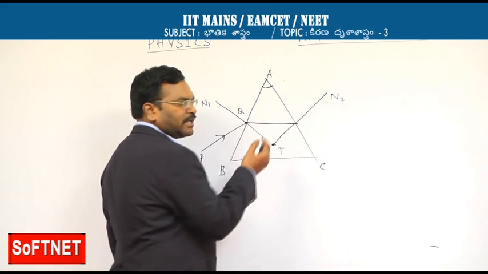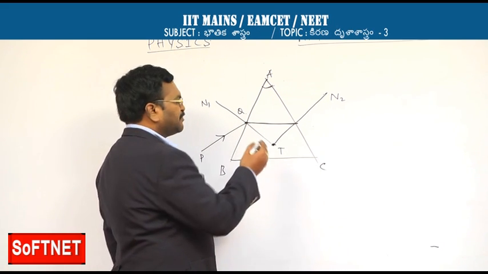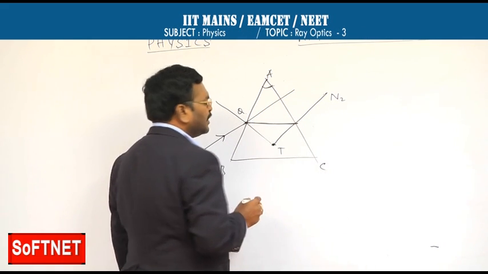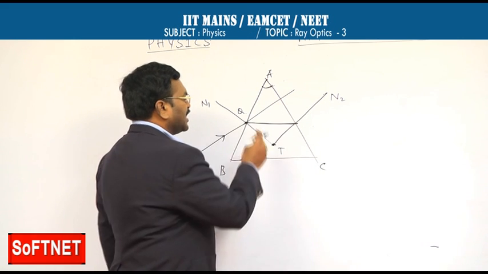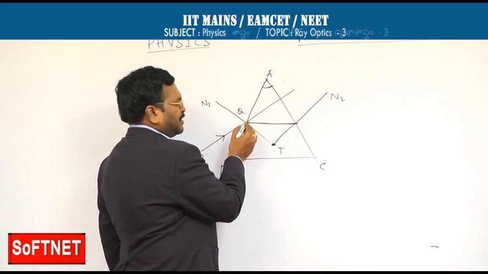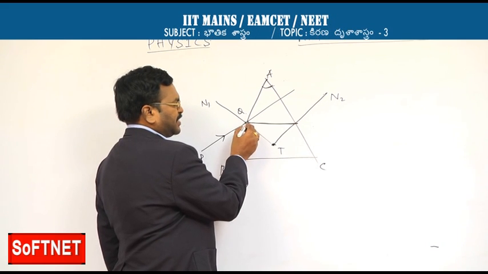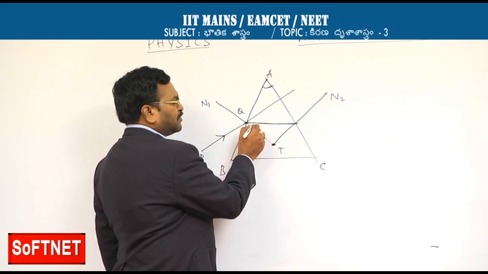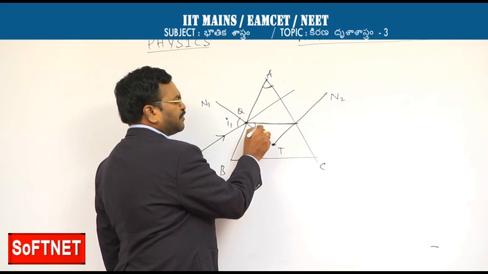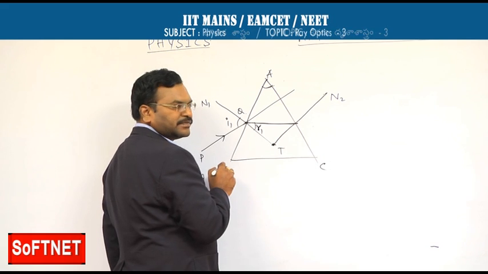So actually in the absence of prism, light ray travels in the straight line path like this, but by the presence of prism, AB is first refracting surface. Here it refracts at Q. Now angle of incidence how much here? I1. Angle of refraction how much? R1.